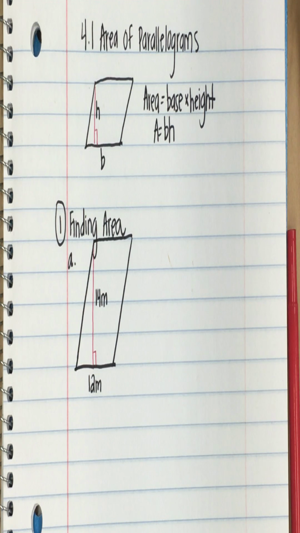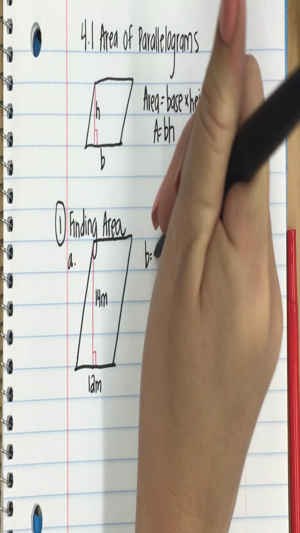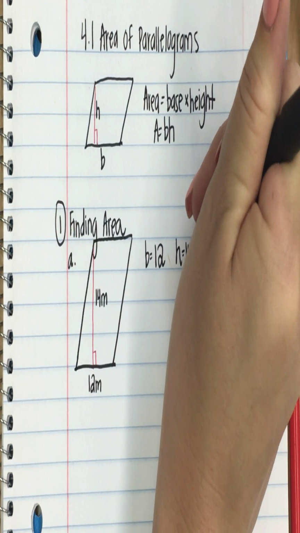So looking at the parallelogram, and if you look at our sample, what would our base be and what would our height be? Go ahead and think about that quickly. So if you said that our base is equal to 12, you are correct, and the height is equal to 14.